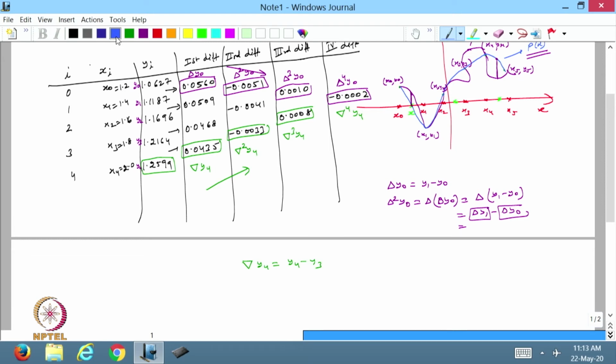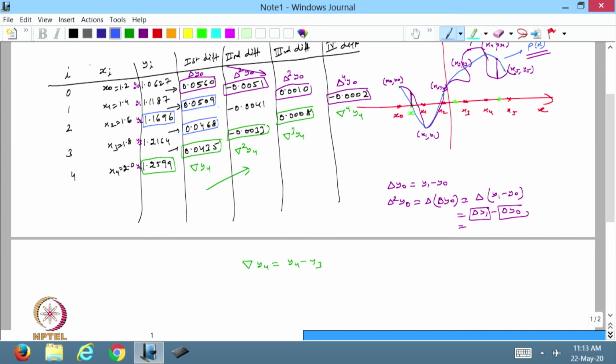The same way I can define the central differencing. From here you just see that central differencing means I just take the value that is in the center. So, let us choose y2. Now, if you see, this is my y2. Based on this one, I will choose this value and this value. So, this is my y2.